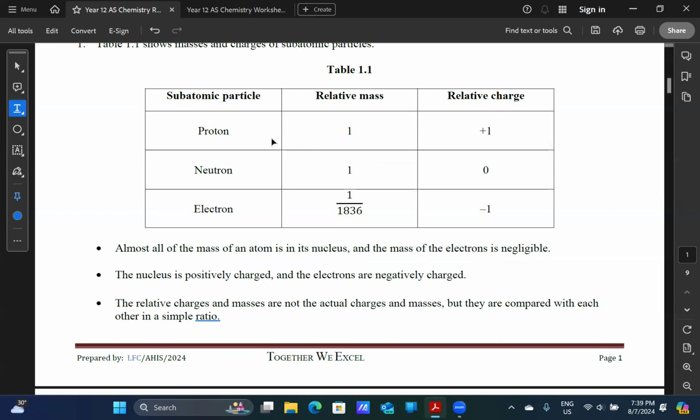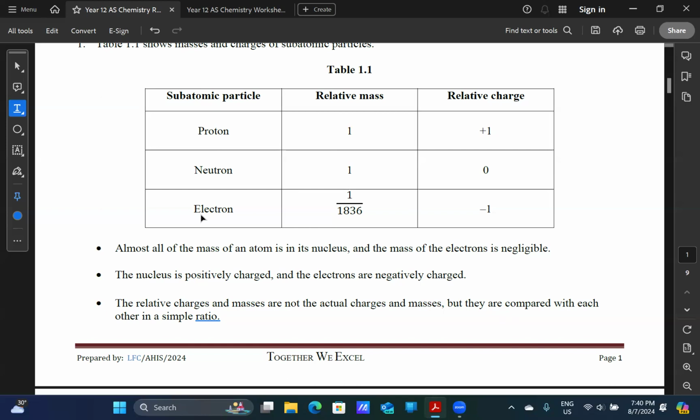I repeat again, when you see the relative mass of proton and neutron has been written as 1 for both, this tells you that their ratio is 1 to 1. What is the meaning of the ratio 1 to 1? 1 to 1 indicates that the mass of 1 proton equals the mass of 1 neutron. Okay. How about if we compare between 1 proton and 1 electron?